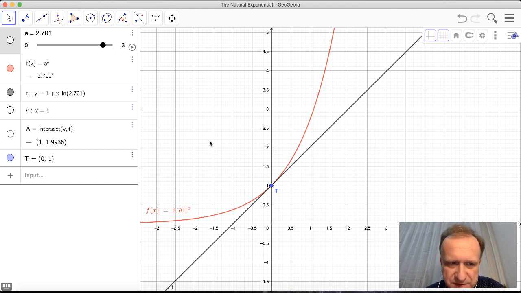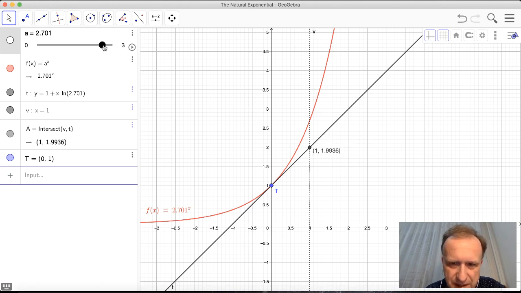Okay? To do it precisely, what I can do is to construct the vertical passing through 1 at the x-axis, and I can construct the intersection of the vertical line and the tangent itself, and let this model show me the coordinates of this point.